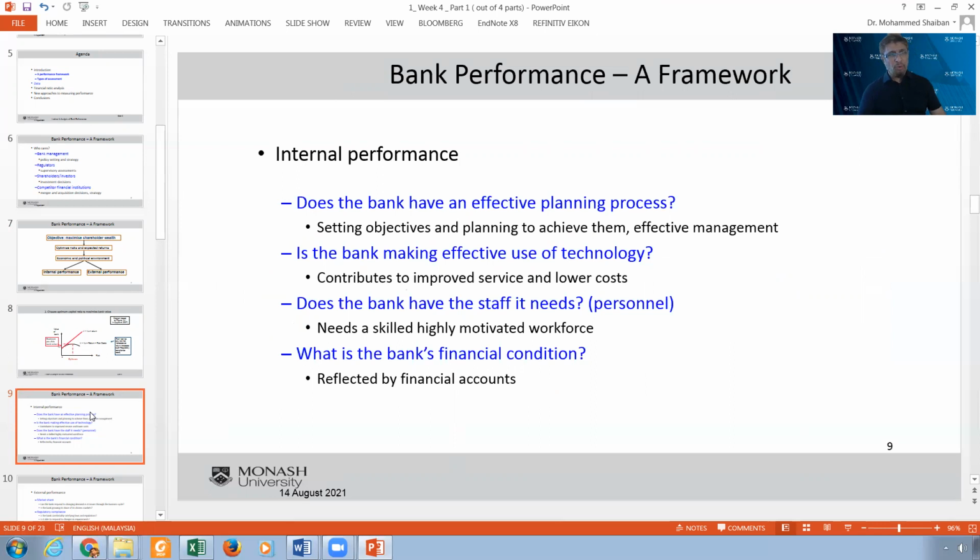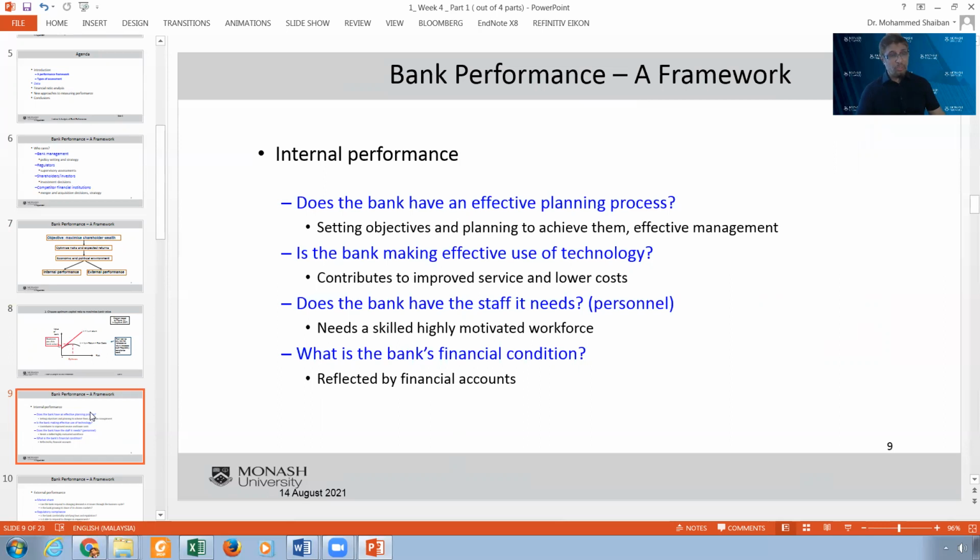Bank performance framework. We have to talk, as I told you, about internal performance. And what is internal performance? We can talk about the effective planning process inside the bank. We are talking about whether the bank has the right technology and whether they are using it. Technology is everything now, high tech, and a very important issue in banking.